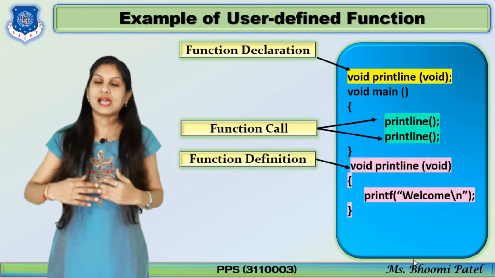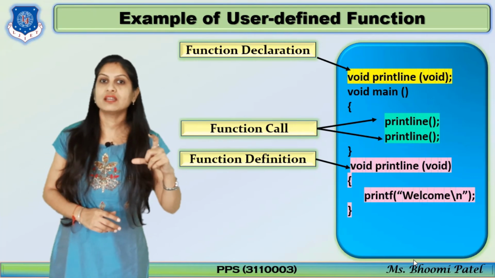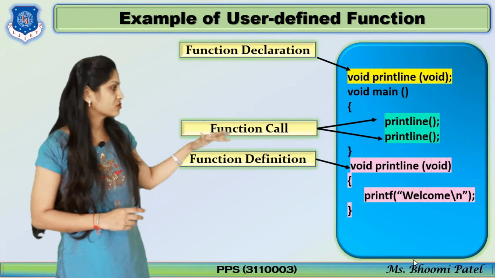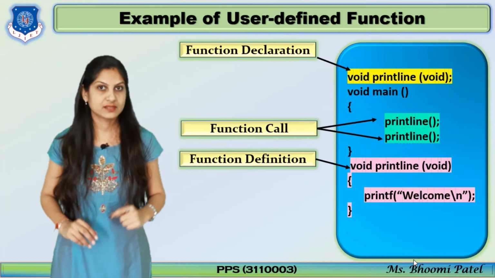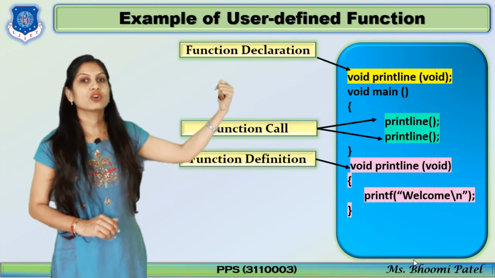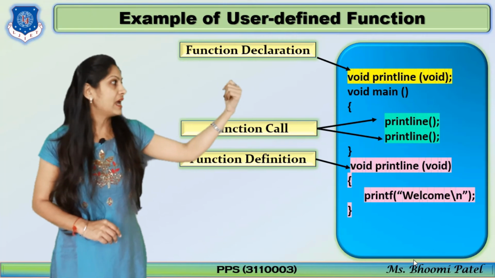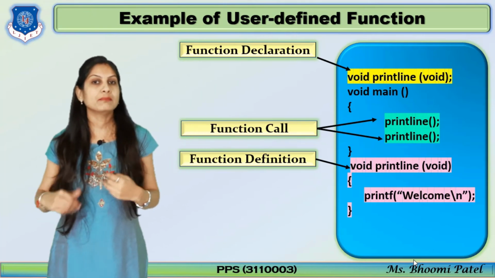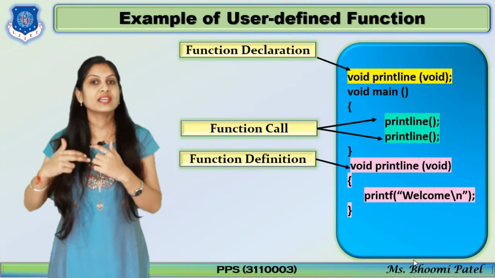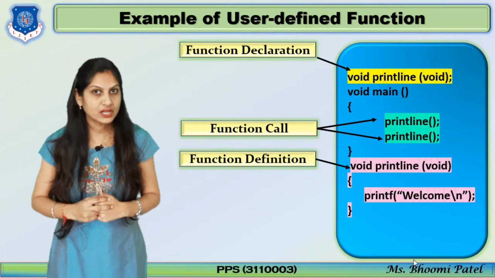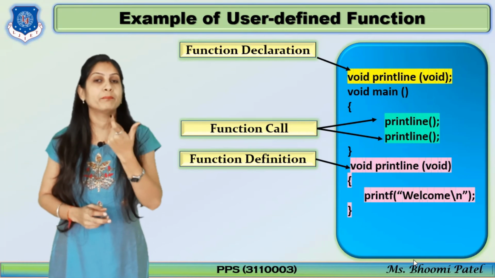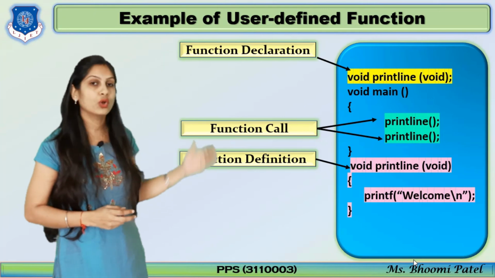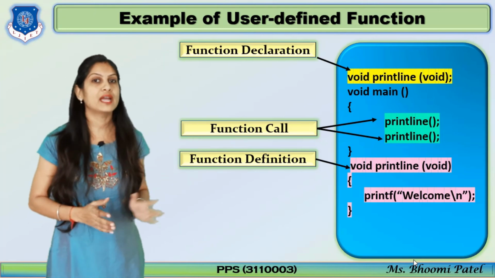Our program execution starts with the void main opening bracket and stops at the closing bracket. So it starts with the function call, first printline. When this function is called, it is similar to our phone call. It connects with that particular function. So it finds the printline function in your whole program and jumps onto that part.